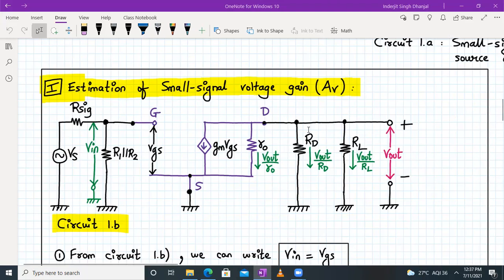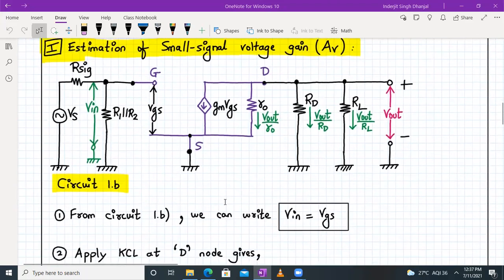Similarly, here we have V out divided by RD, and here we have V out divided by RO. Now, why is this possible? Because the voltage across all the three resistances is the same. So the current will be voltage divided by the resistance. So here we have three currents defined in green color: first is V out upon RL, second is V out upon RD, and the third is V out upon RO.